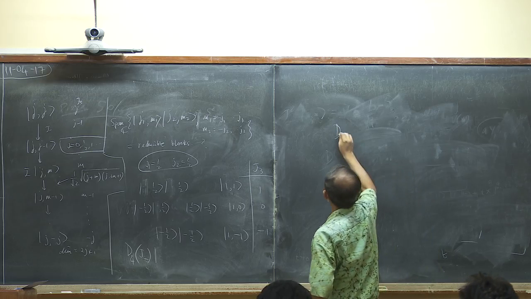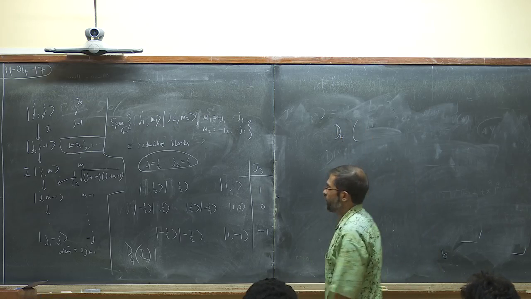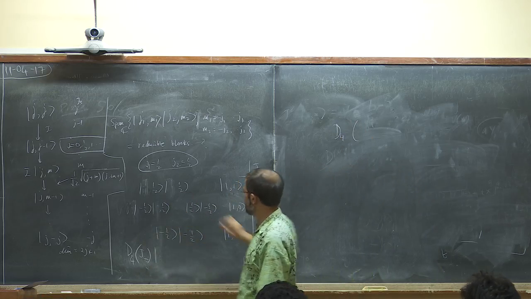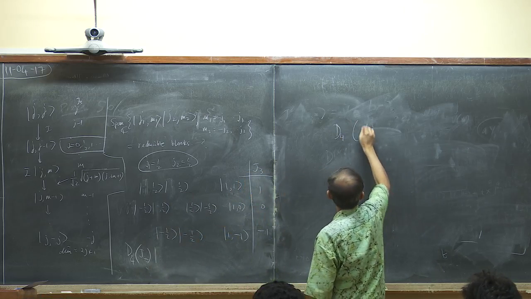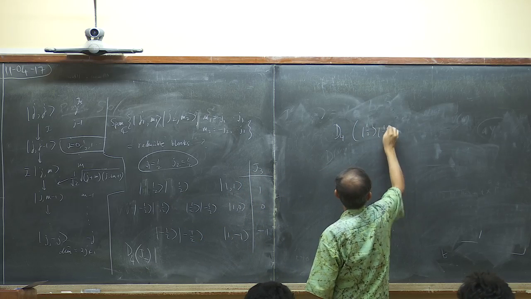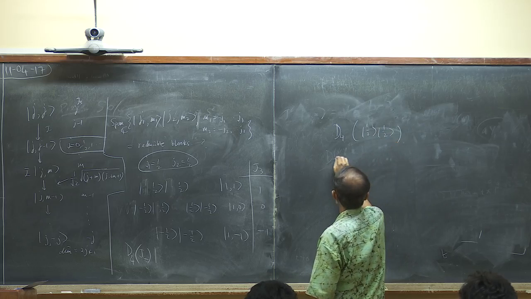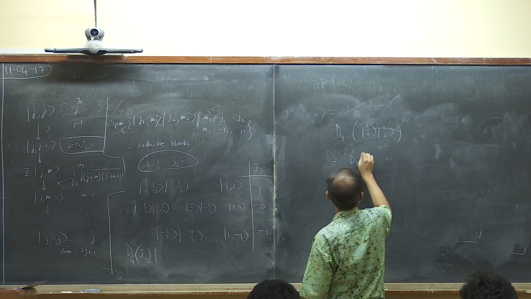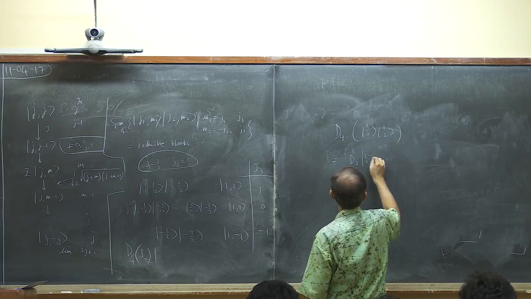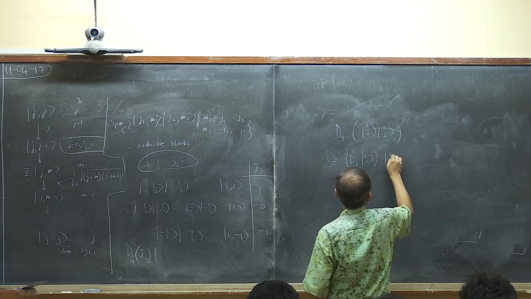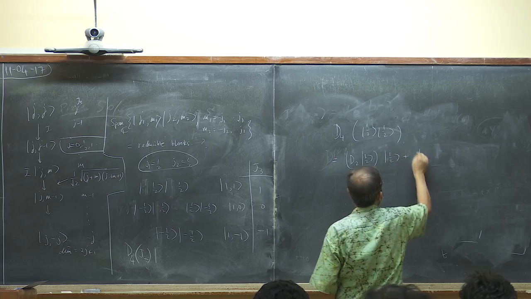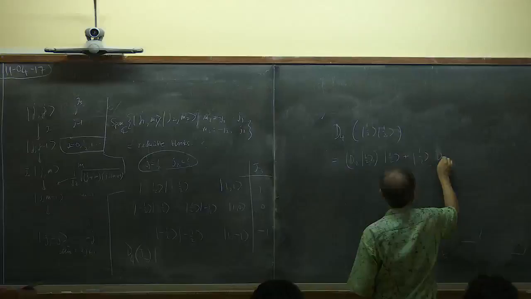So d4, I want to find out how d4 acts on this half. So this, by definition, is d2 acting on half and half plus half and d2.